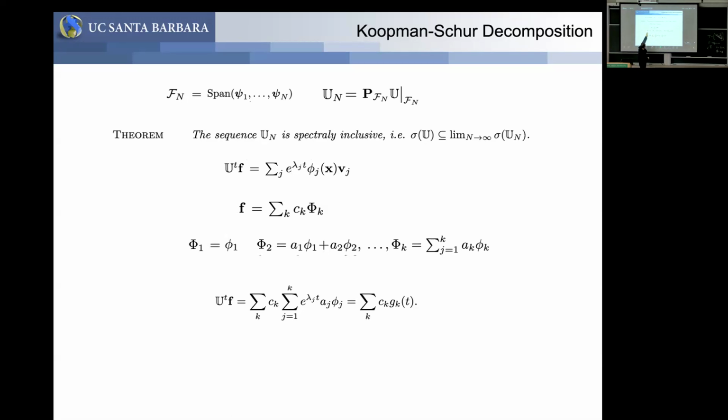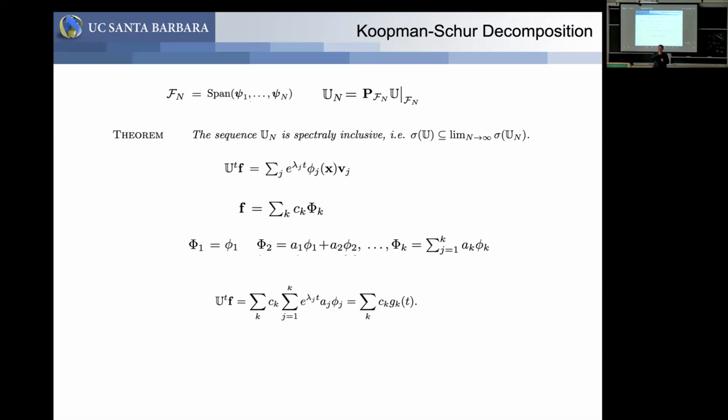Schur sense, where the first, capital Phi 1, is just the eigenfunction, what the Schur computation tells you is, okay, get the eigenfunction, get another one, find a normal vector to the first eigenfunction.